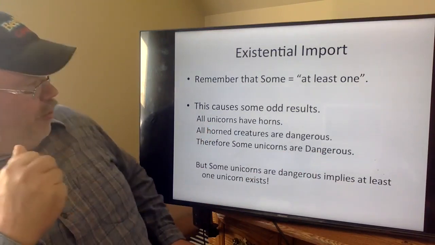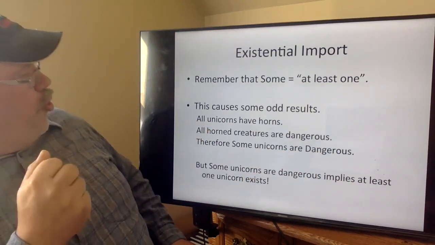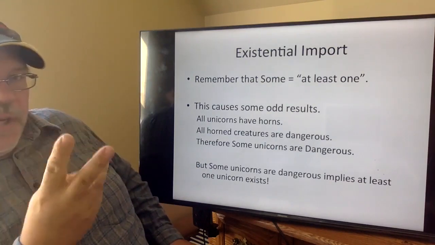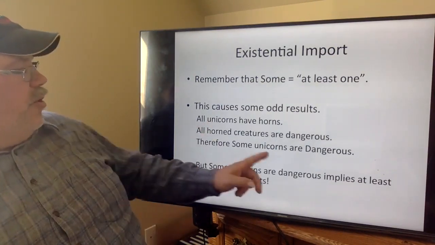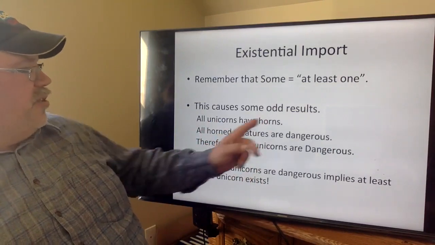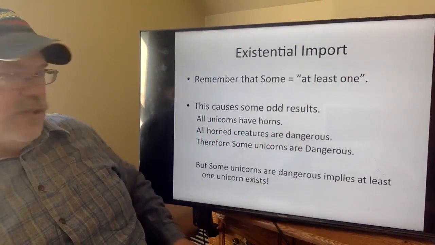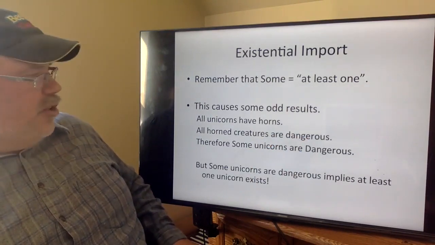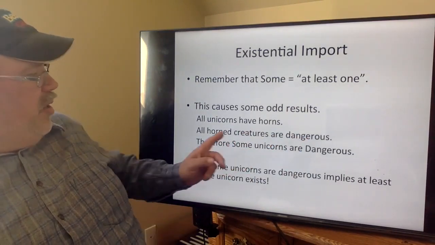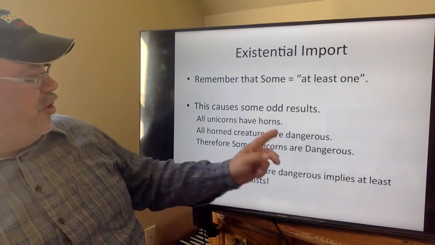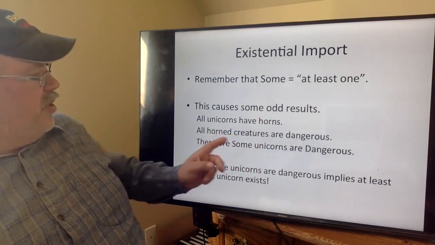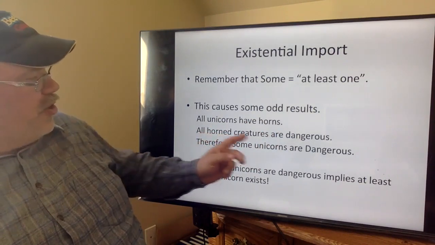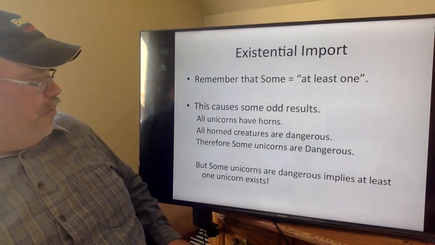Let's check. We've got to think of our rules. Do we have 3 terms each occurring twice? That's rule 1. We've got unicorns twice, horned things twice, dangerous things twice. Rule 1, check. Rule 2, is the middle term distributed at least once? The middle term is the one that's not in the conclusion, so that's this horned business. In the second premise, it's all horned creatures, so that would be distributed.